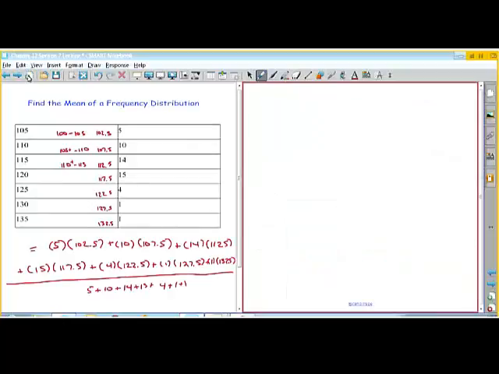Let's see, I'm going to plug this into my calculator: 5 times 102.5 plus 10 times 107.5 plus 14 times 112.5 plus 15 times 117.5 plus 4 times 122.5 plus 1 times 127.5 plus 1 times 132.5.